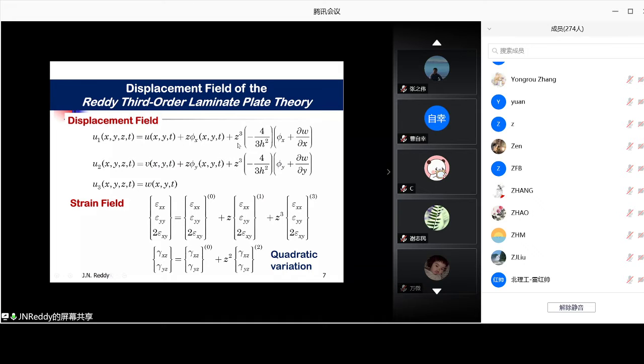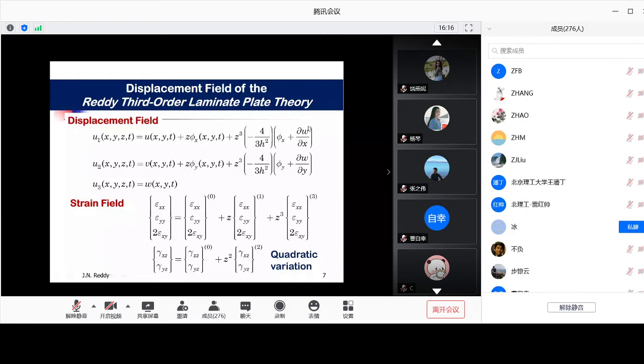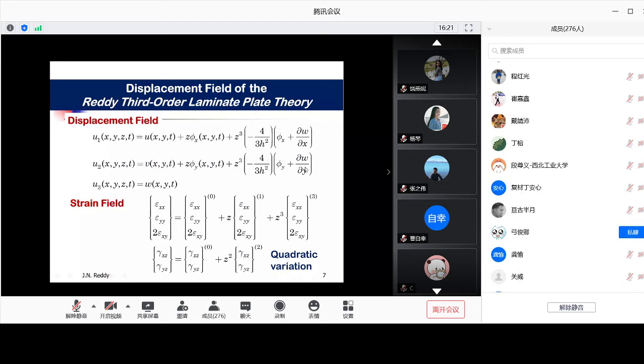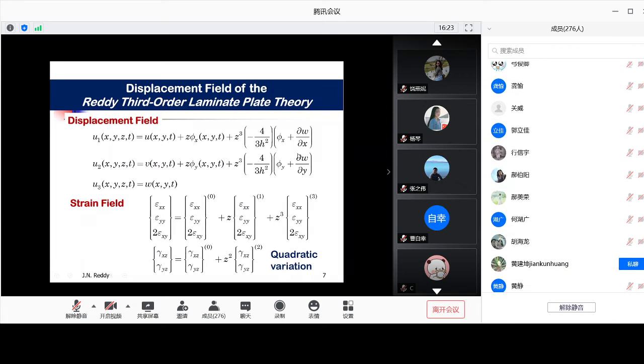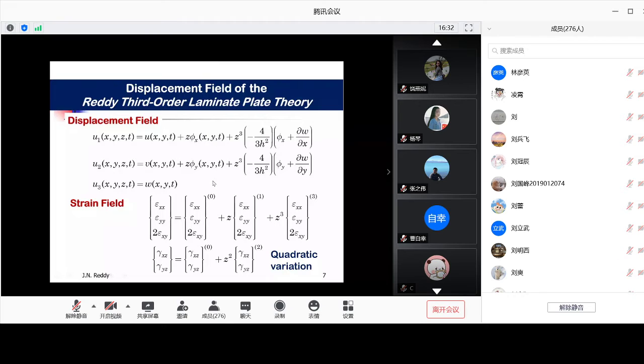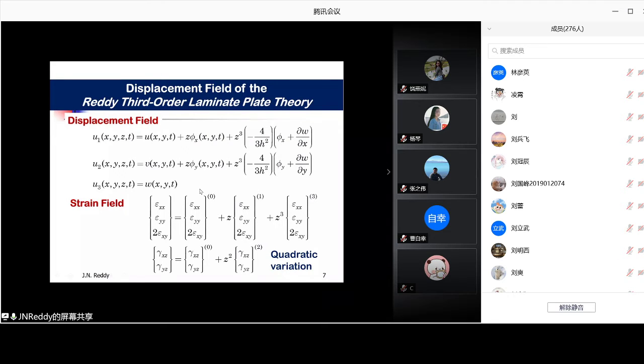If you throw out the third order terms, that means coefficients of z cube, you will get the first order theory. But it also has indirectly the classical plate theory kinematics, because it has dw dx, dw dy. As a result, this theory will have different features which tend to mimic both the classical plate theory kinematics and first order theory kinematics.